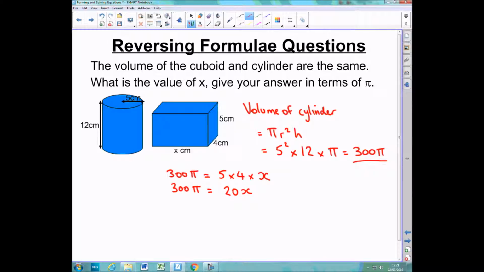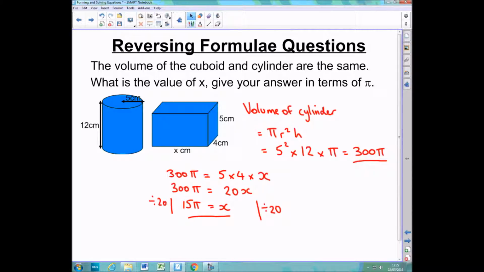So you can see here that my equation is only one step. All I need to do is drop my lines down and divide both sides by 20. So 300 pi divided by 20 is 15 pi. 20x divided by 20 is just x, so x is 15 pi in terms of pi.